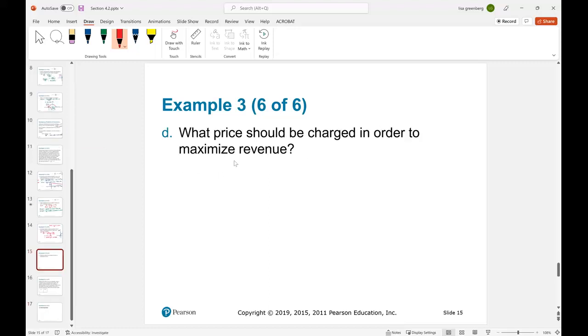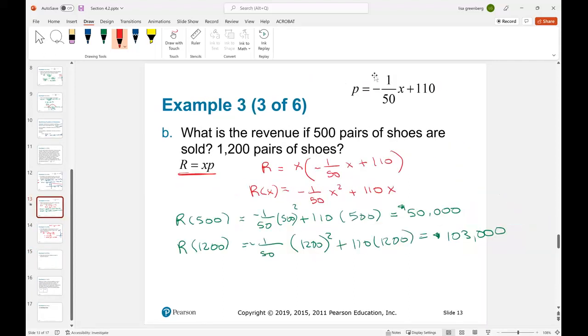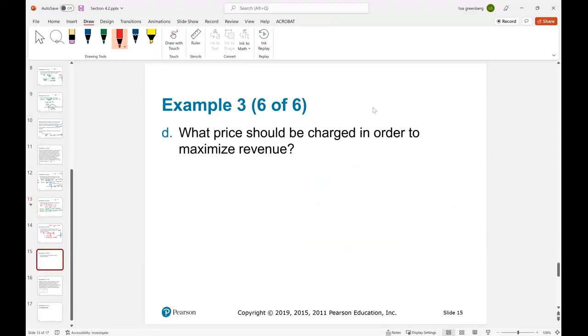Okay, sorry about that. And then it says, what price should be charged in order to maximize revenue? Well, we go back to our P function, our demand function, because that gives me the price, right? So I have this price, and I know that I have X is equal to 2,750 shoes. That will maximize my revenue, right?